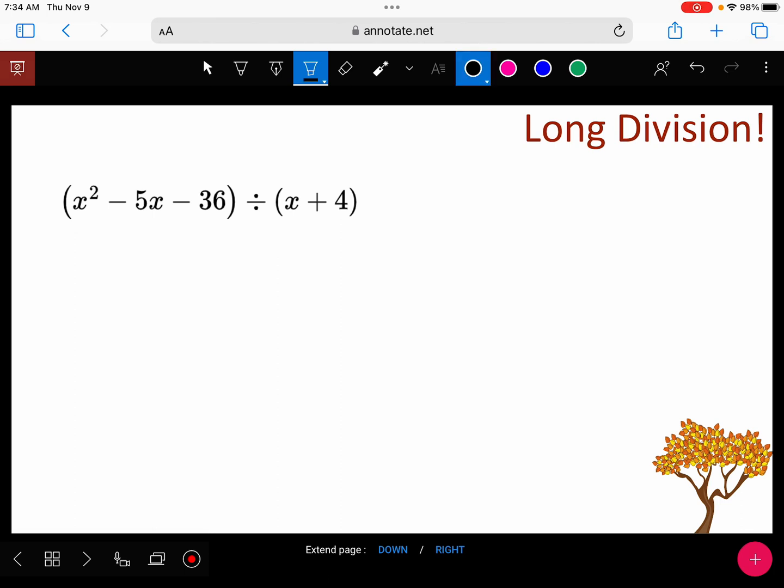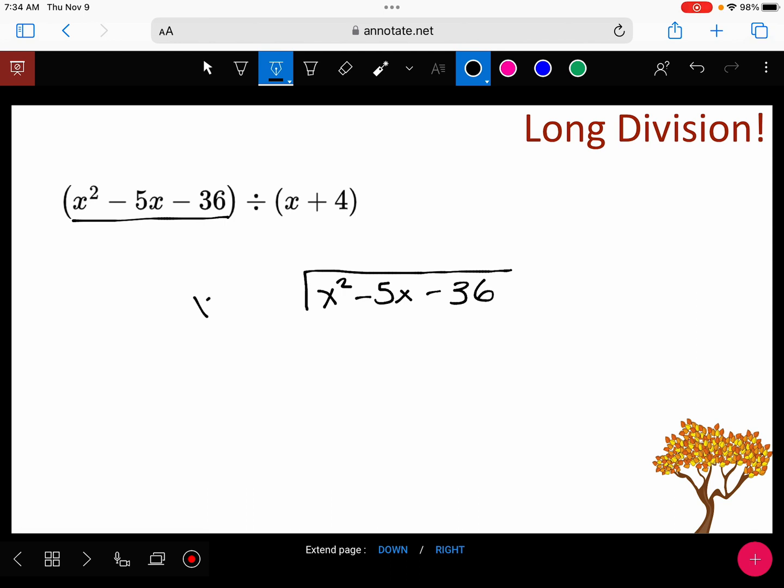So we're going to take our big dude. That's going to go inside the house. We're dividing this by. So we're going to have x squared minus 5x minus 36 all in the house. And we're going to divide it by x plus 4. So this is how we're going to set it up.